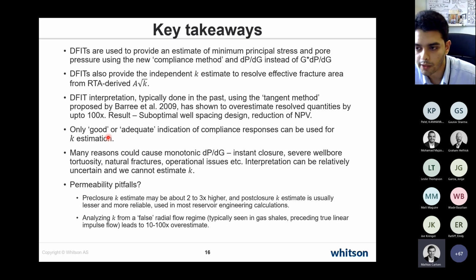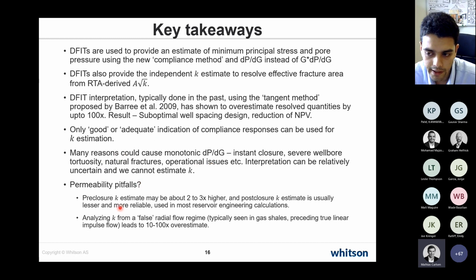Essentially, if I don't have good confidence in my pore pressure or my minimum principal stress, I cannot go ahead to estimate permeability with this test. Some reasons that could cause a bad indication of compliance response or high uncertainty in my first two resolved quantities are instant closure, severe wellbore tortuosity, natural fractures, and operational issues. And in those cases, I won't estimate permeability.